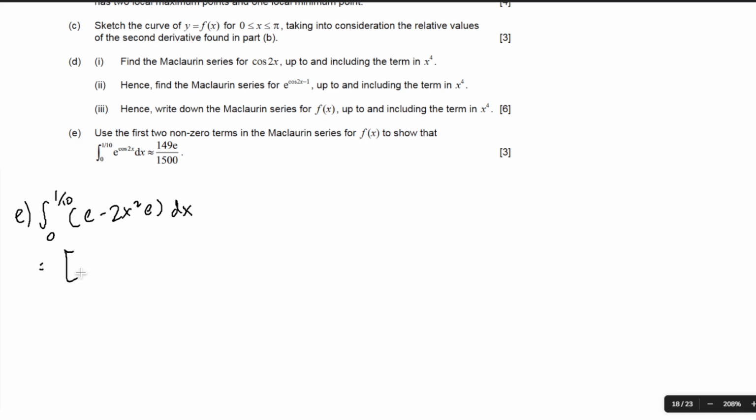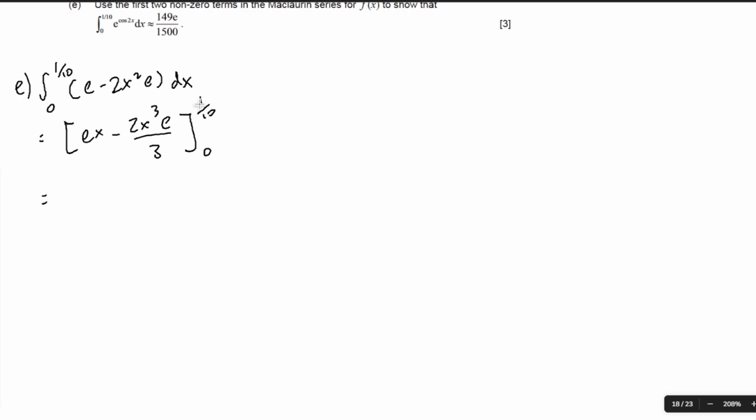So we have open bracket ex and then minus 2x cubed e over 3. And we have an upper boundary of 1 over 10 and a lower boundary of 0. So we just substitute 1 over 10 into the x values here. We get e times 1 over 10 minus 2 times 1 over 10 to the power 3 times e over 3.